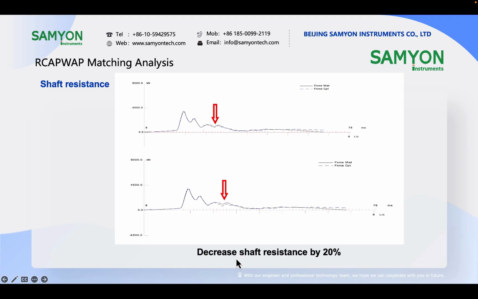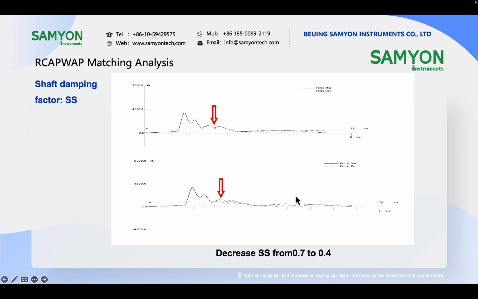And if we decrease shaft resistance by 20%, we can see that the calculated force will decrease before 2L/C. And similarly, if we decrease SS from 0.7 to 0.4, the part before 2L/C will also decrease, because SS is used to calculate the dynamic shaft resistance.